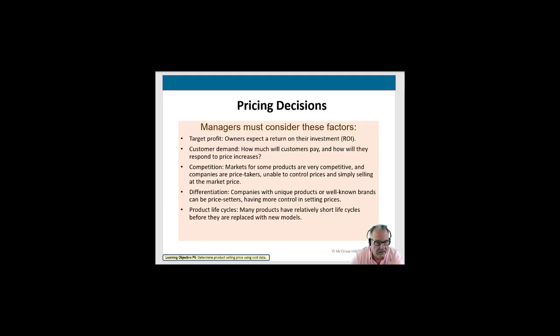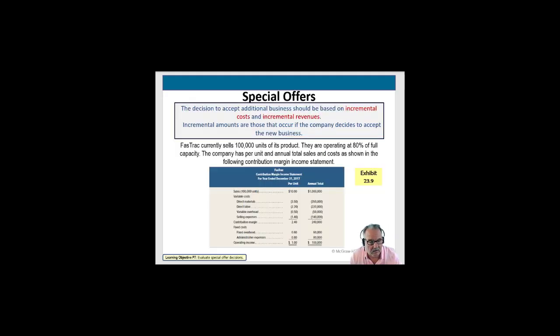And our last possible scenario is a special offer. We've done some of these in past chapters where somebody comes in and says, we want to provide, or we're offering you a special price because we're going to buy a bunch of these and they're going to go in a market where we're not competing against your regular product.